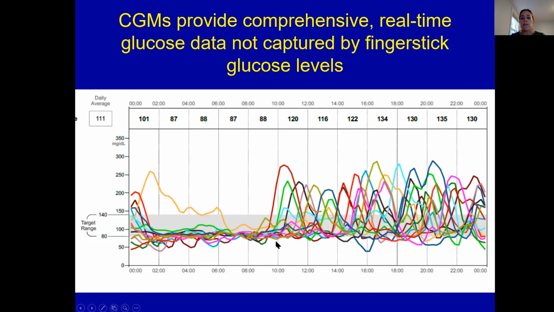And so if we are only checking blood sugars before each meal, really we'll be missing a lot of the hyperglycemia that this patient is having. And so this is just a really good example, I think, of how helpful CGM can be in managing our patients' blood sugars.